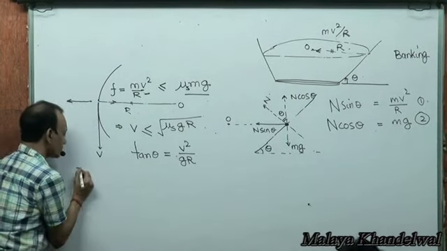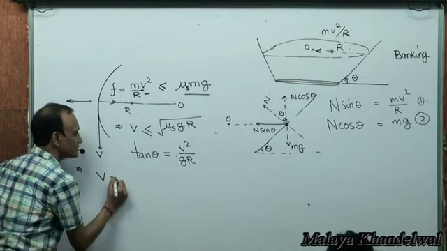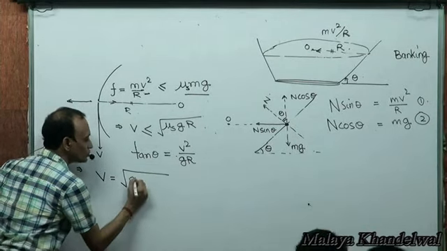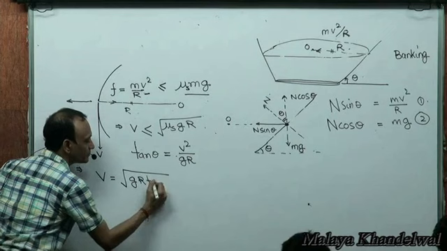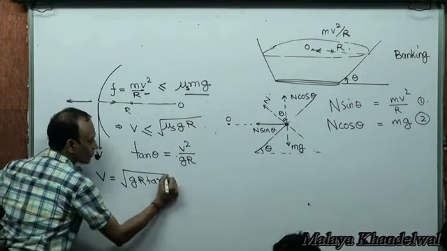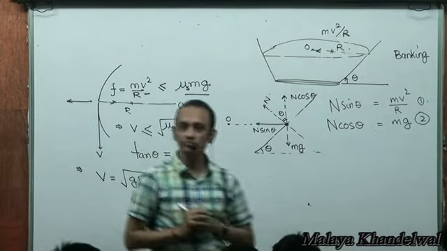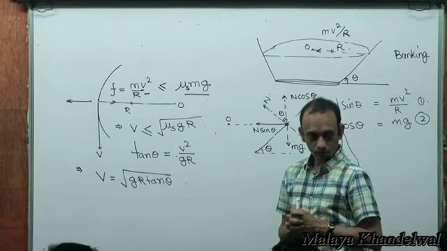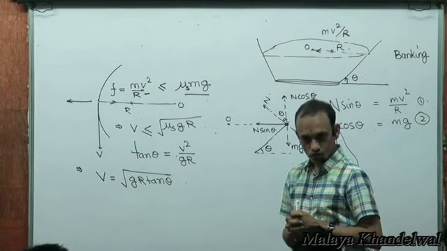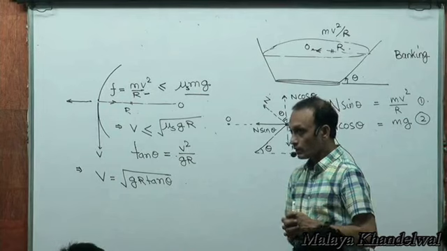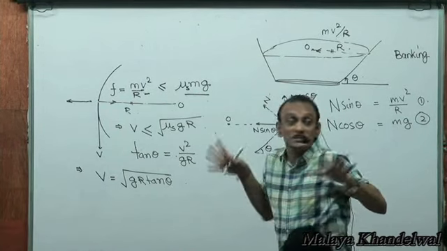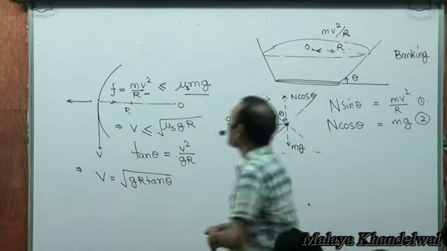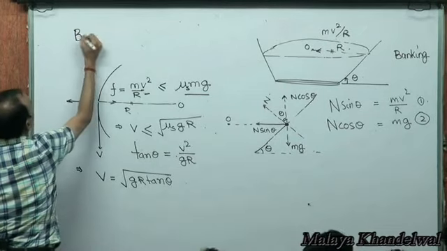That means V is, as you can see, root g R tan theta. Now this is part of the specification of the banking.